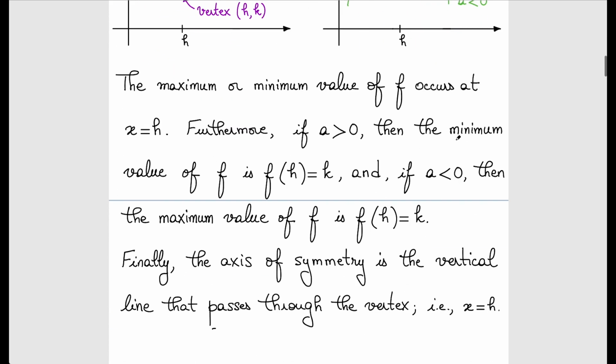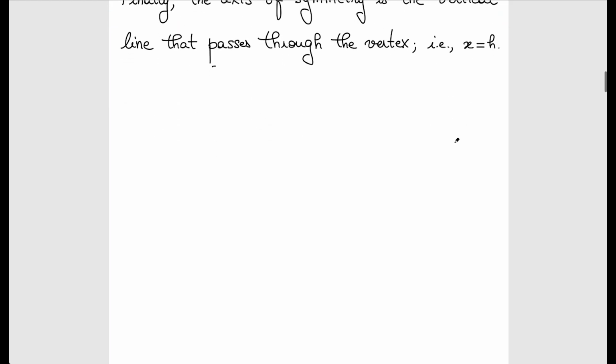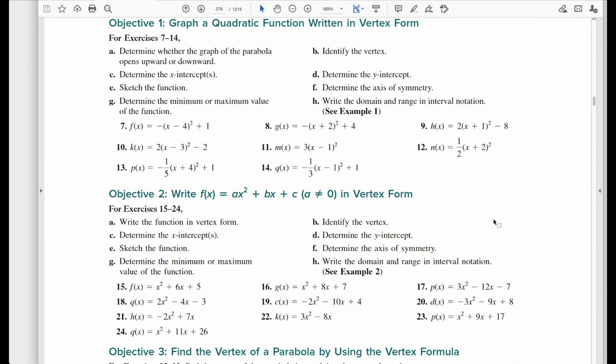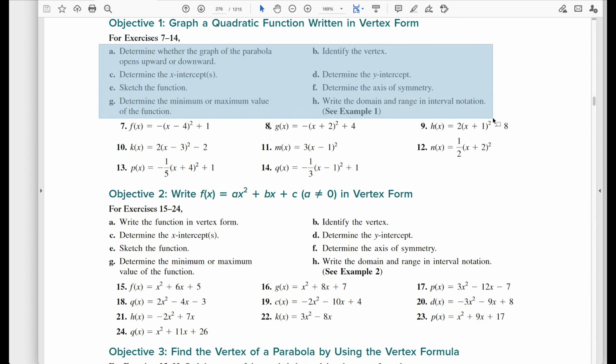All right, so now let's go to the book and do a few examples. This is on page 248, section 2.1, and let's go to page 249 and do problem 8. We have a bunch of questions. Let me copy them for you.